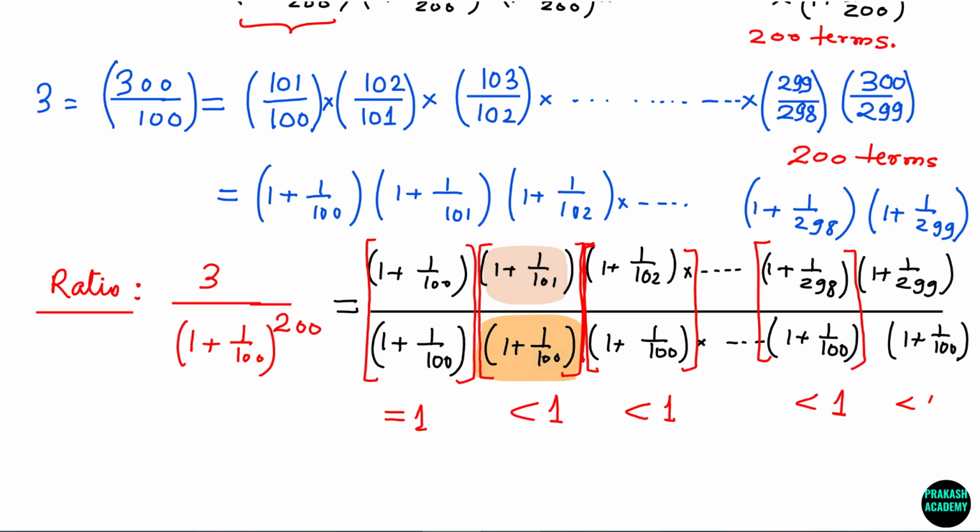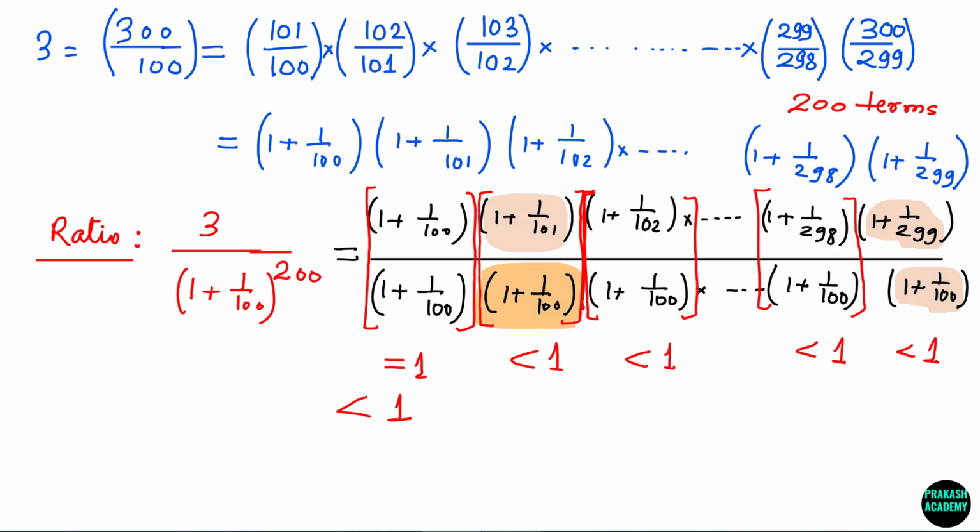And similarly the last term is also less than 1, because you see 1 by 299 is very small, and if you add it with 1, this is a small quantity, but here you have the small number 100, so 1 by 100 is a big quantity, so the whole denominator is a big quantity. So now you see you have a product of 199 numbers, all smaller than 1, and the first number is equal to 1. So effectively I can say this is less than 1.